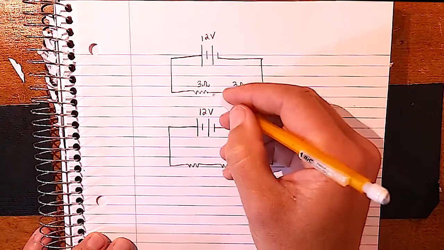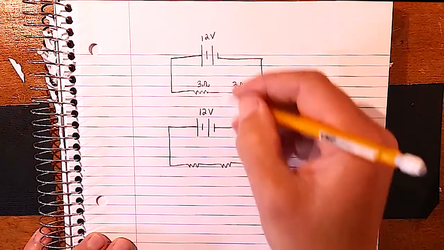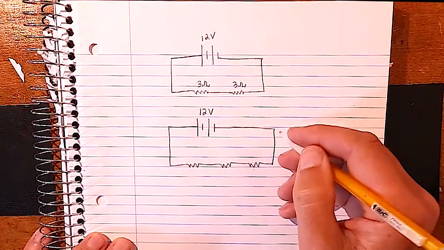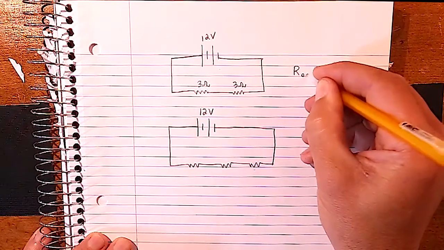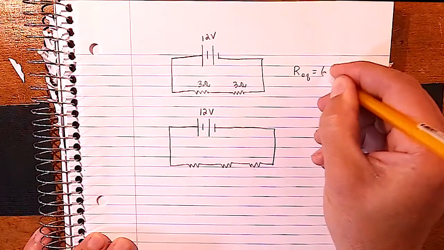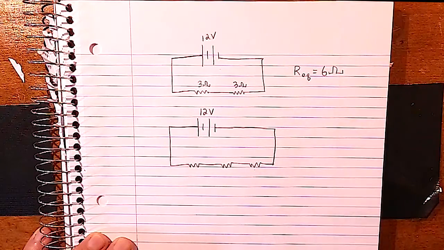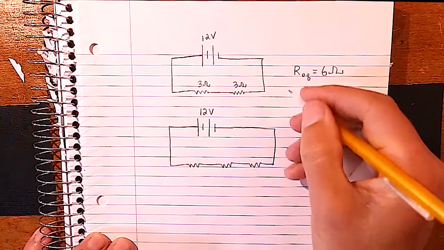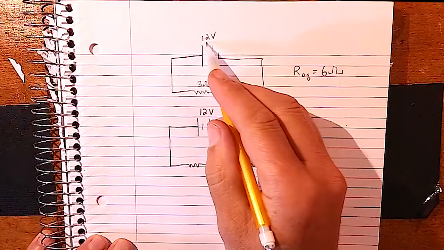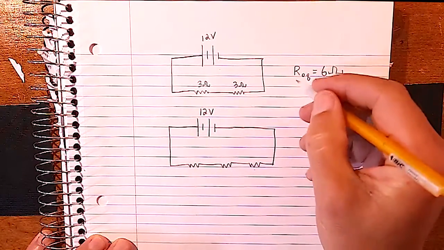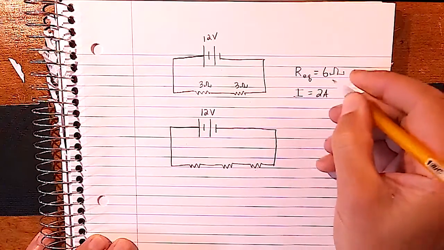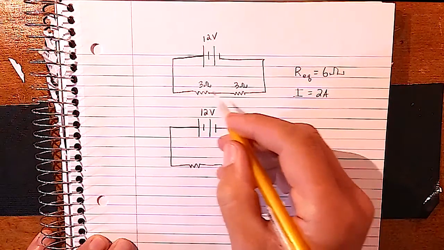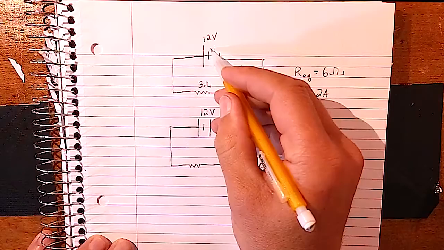So we know that the formula for resistance for the total is to add them up. So all we have to do is add 3 plus 3. So our equivalent resistance is 6 ohms. Now, using VIR, V equals IR, we can take the 12 volts divided by the 6 and find out the current is 2 amps. That means the current is 2 amps here, 2 amps here, and 2 amps here.